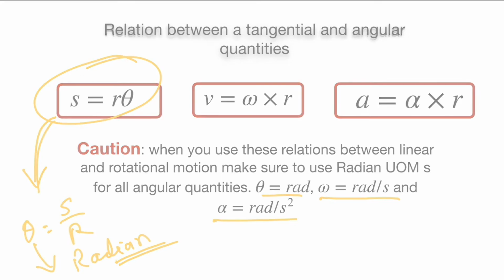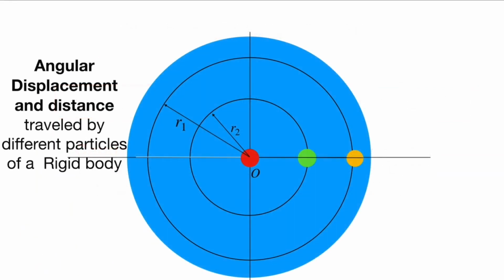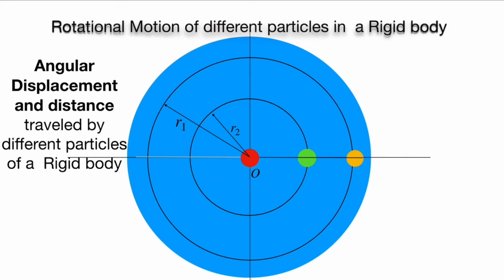Now let's understand the different physical quantities related to linear and angular motion for different particles on this rigid body or disk. Here you see a disk on which there are two stickers, green and yellow. The yellow sticker is at a distance of R1 from the center, and the green sticker is at a distance of R2 from the center, or from the axis of rotation.